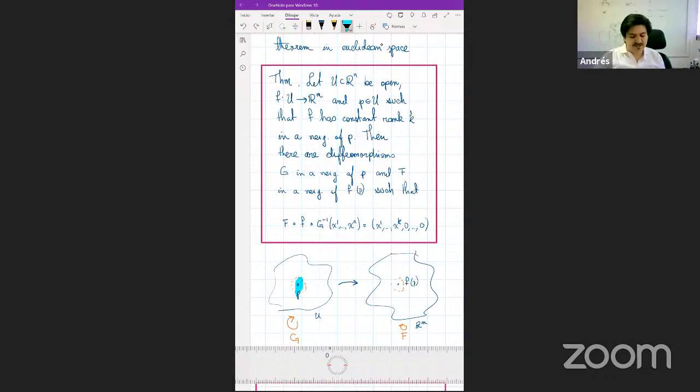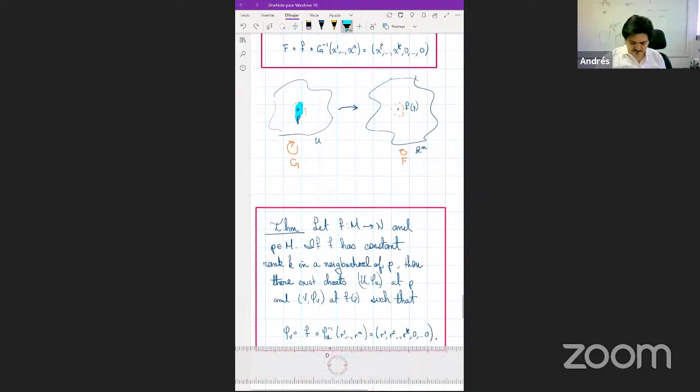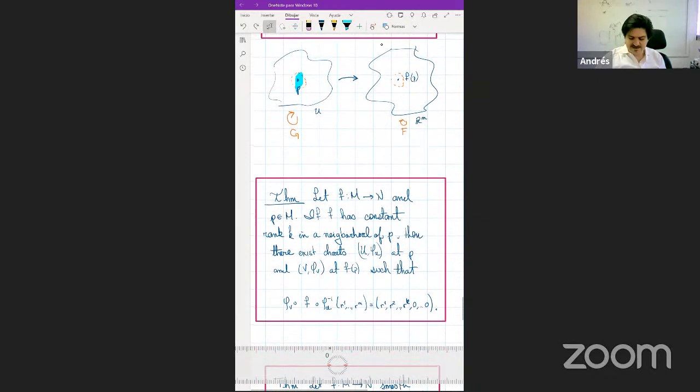Okay, then so this is basically the same statement, but for manifolds. It's exactly the same. So there's no problem here. Right? F constant rank in a neighborhood, you can find charts, which is given by the result in multivariable calculus that I stated before, and you have this.